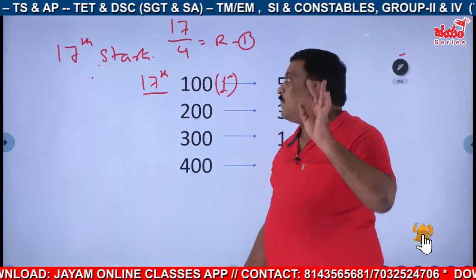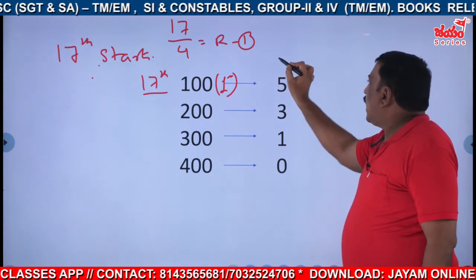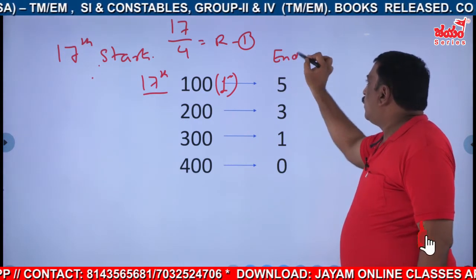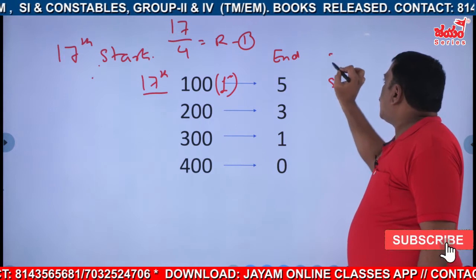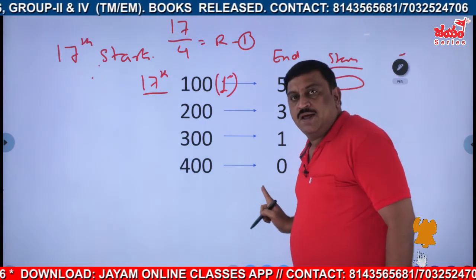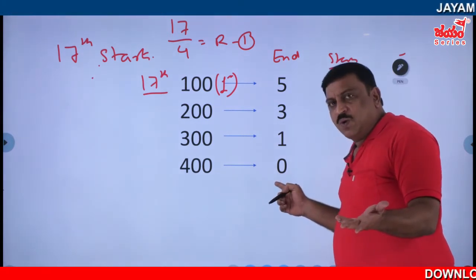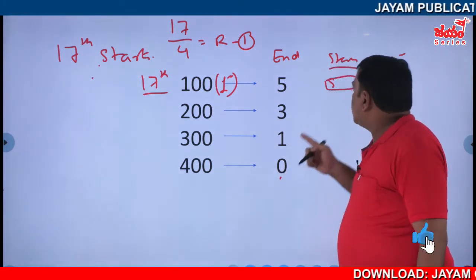Okay. The 17th century, starting they are saying. Its starting is nothing but the 16th century ending. Is it not? 16th century ending, you know that one, that is 0, that is Sunday. So the 17th century starts with what?